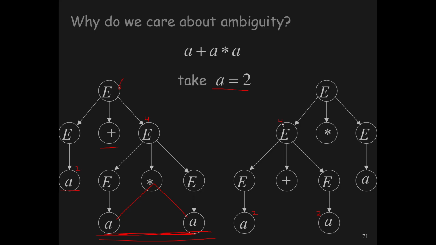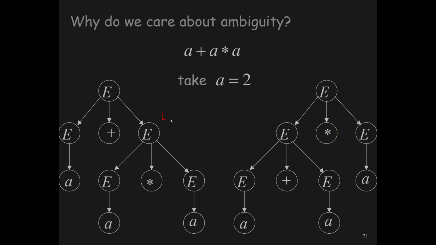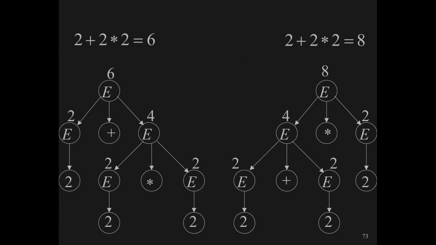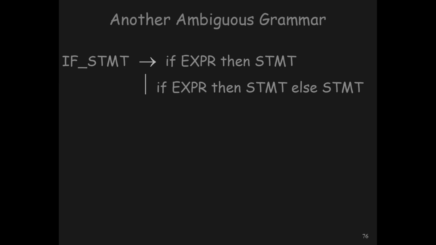This gives you 4. And this is also 2. Okay, so 4 times 2, that gives you 8. So which one's correct? Obviously, according to our understanding of arithmetic, it should be this one. And yeah, that's why ambiguity is bad.